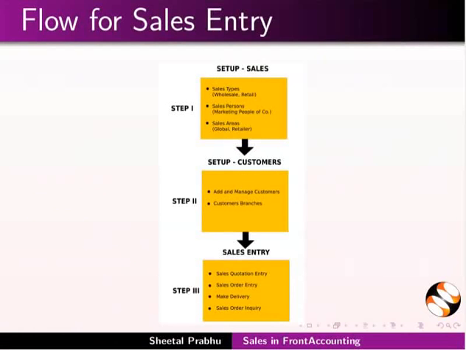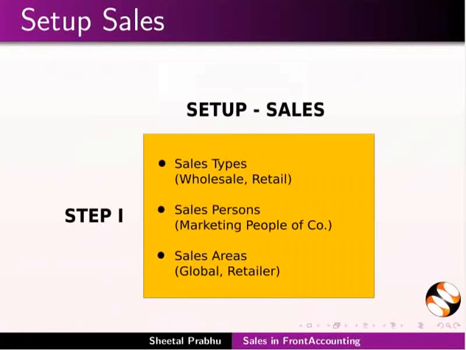This comprises of 3 steps: setup sales, setup customers, sales entry. In setup sales, we need to set the following options under the maintenance panel: sales types, salespersons, sales areas. So let us learn how to do so.